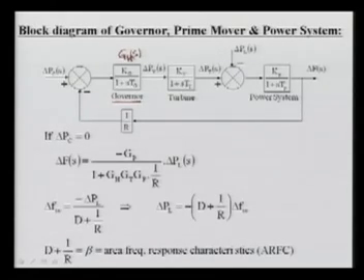Here we get the change in frequency coming in, and we have already modeled this governor. Now the turbine is called GT, the transfer function, and I can write it in S.